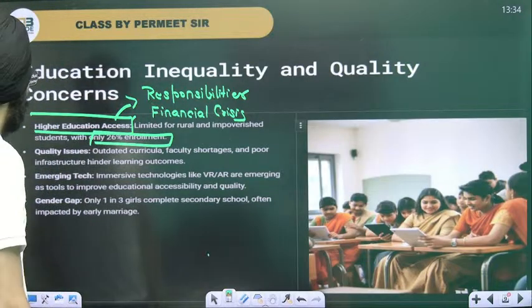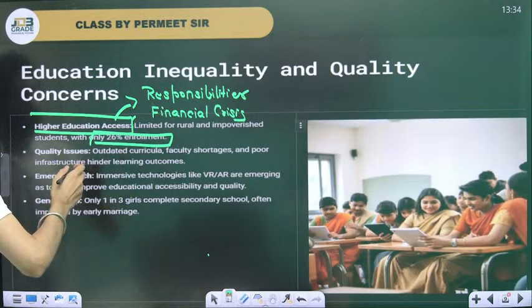Quality issues: outdated curricula, faculty shortage, and poor infrastructure hinder learning outcomes.